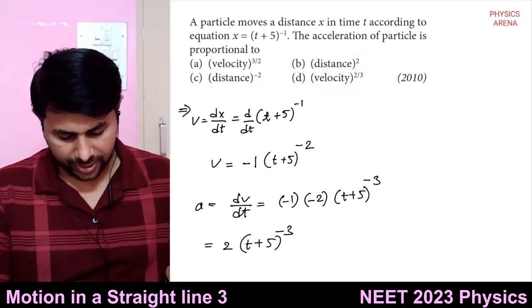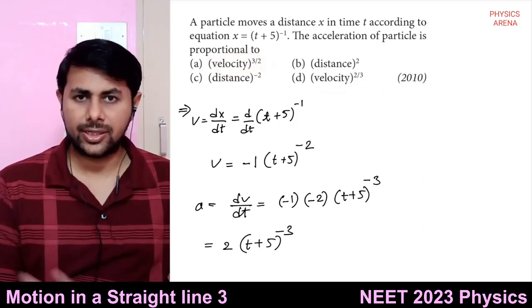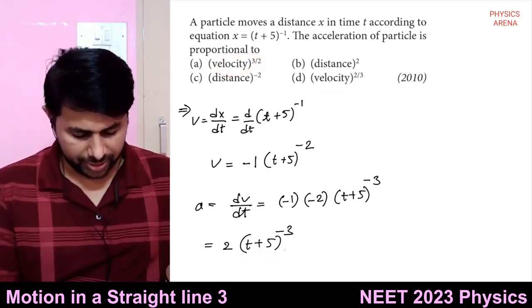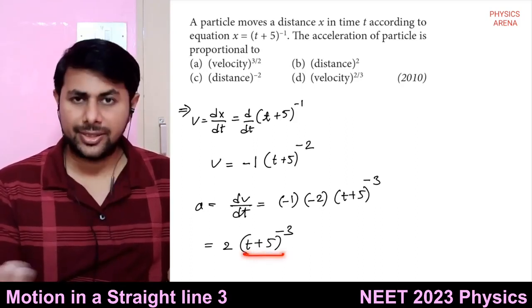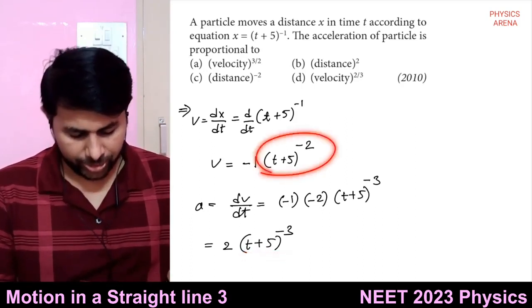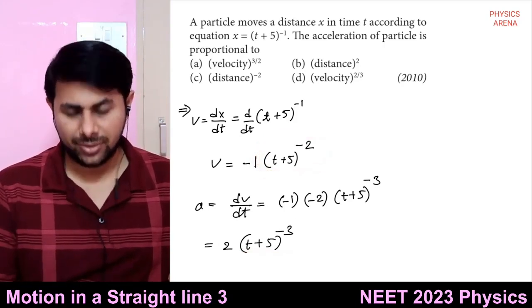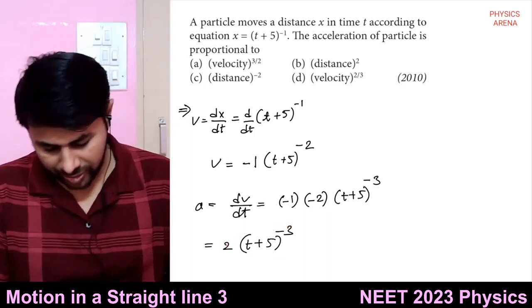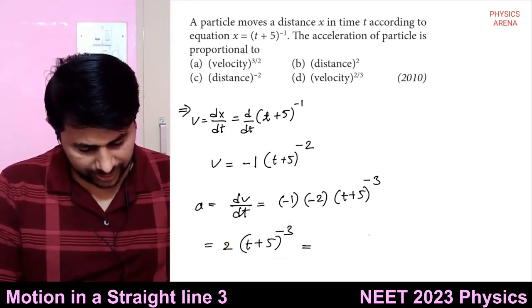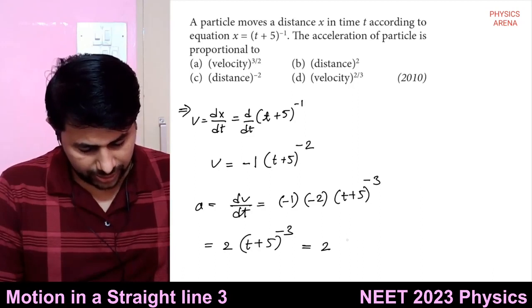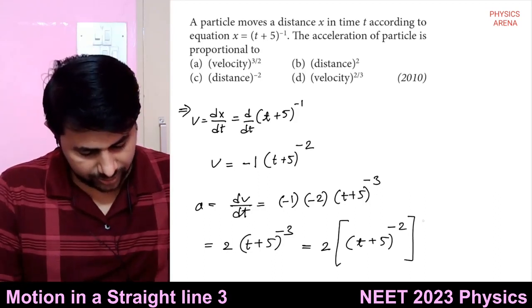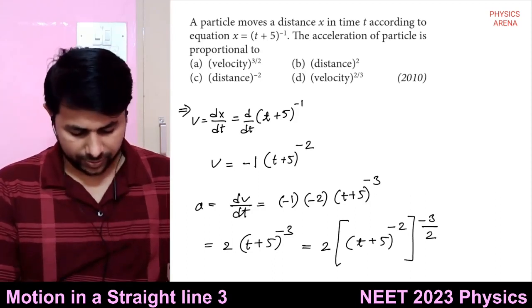So let's check. First one, let us check, is it velocity raised to 3 by 2? So we have acceleration as t plus 5 raised to minus 3, and velocity is proportional to t plus 5 raised to minus 2. So let us adjust t plus 5 raised to minus 2 here. How can we do that? So I can write this as 2 times t plus 5 raised to minus 2, raised to minus 3 divided by 2, right?